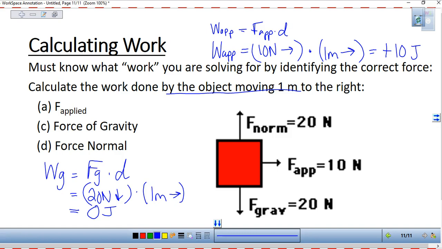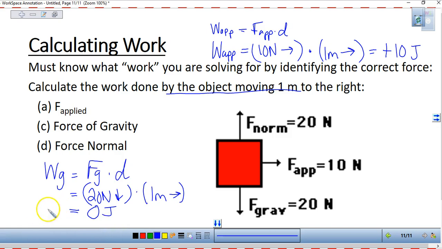And quite honestly, that won't change for this whole thing because it's describing this whole situation. If you had different problems, they might change it each time, but this one is always to the right. I know this is kind of confusing because you're saying 20 times 1 is 0 when it clearly is not. But remember, we're modeling the situation.